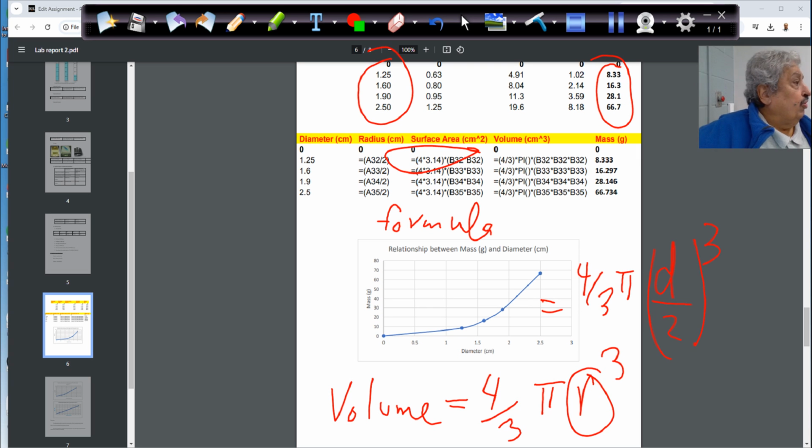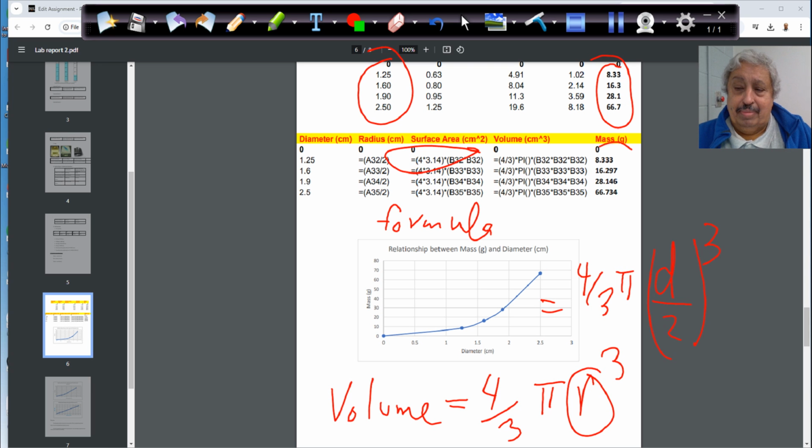That's the volume of the sphere. I'll put this in a formula. Then I will get all the volumes there, correct? That's the volume of the sphere.